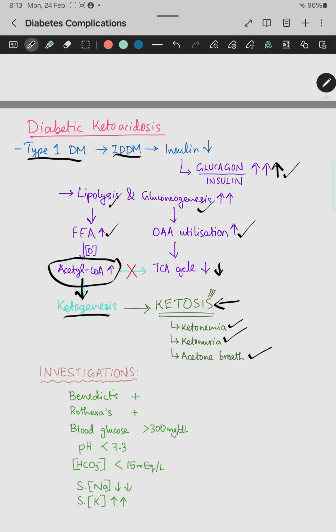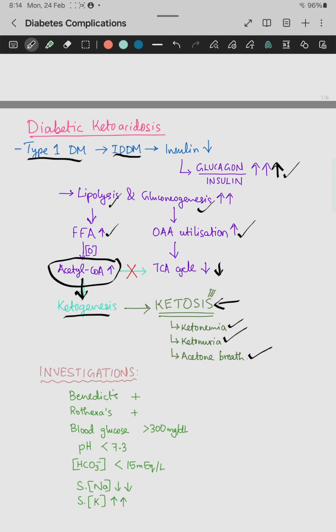Increased lipolysis causes increased free fatty acids in our body, and these free fatty acids are oxidized to acetyl CoA. Gluconeogenesis is increased, so it increases the utilization of oxaloacetic acid.